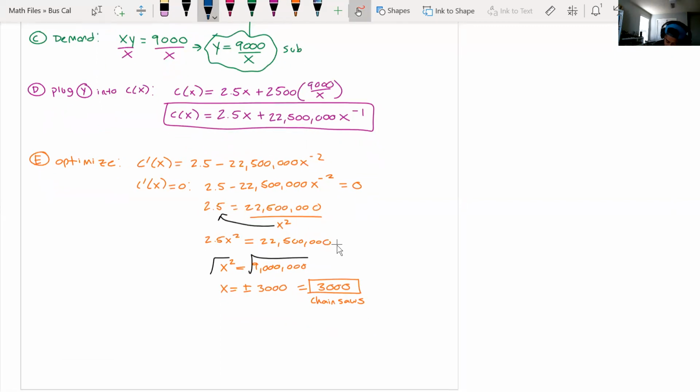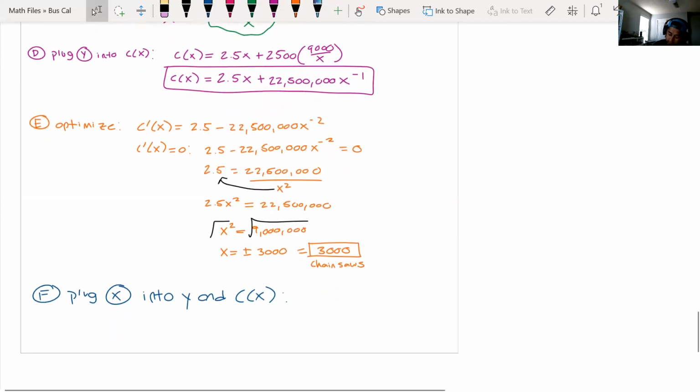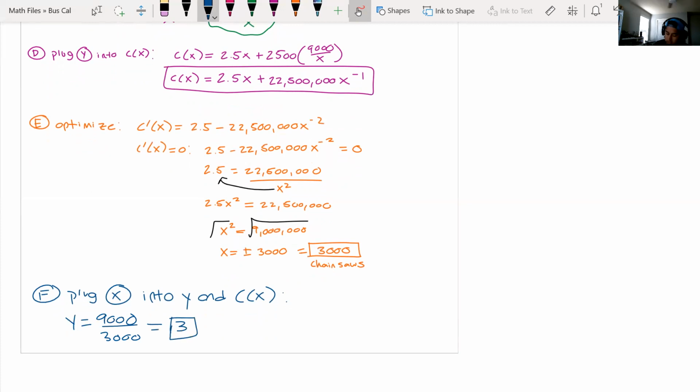And then plug x into y and c of x. So y is 9,000 over x. 9,000 over 3,000. So three production runs per year.